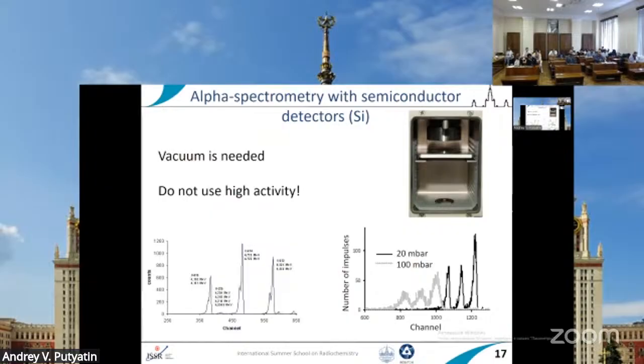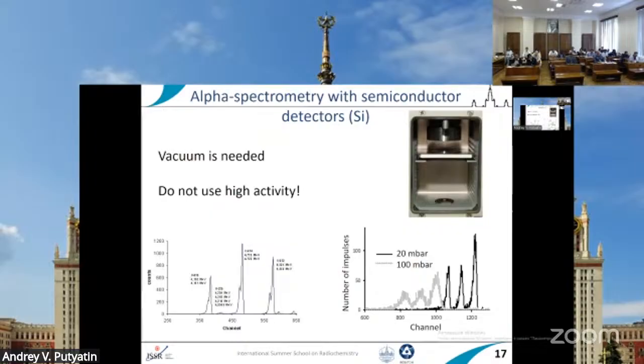So the typical chamber for alpha spectrometry looks like this. It is a semiconductor detector, so silicon mainly. And in the chamber we place our prepared sample, and then we make a vacuum inside because alpha particles have a very short range.